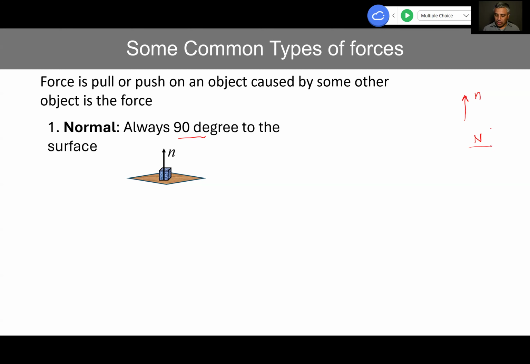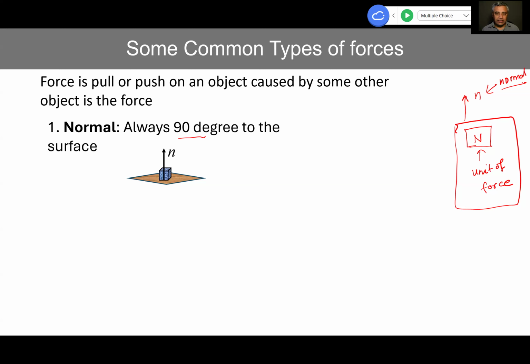Turns out this uppercase N is also the notation for the unit of force. So I have tried to use this as the unit of force and this for the normal force. Just like the unit of velocity is meter per second, the unit of time is second.